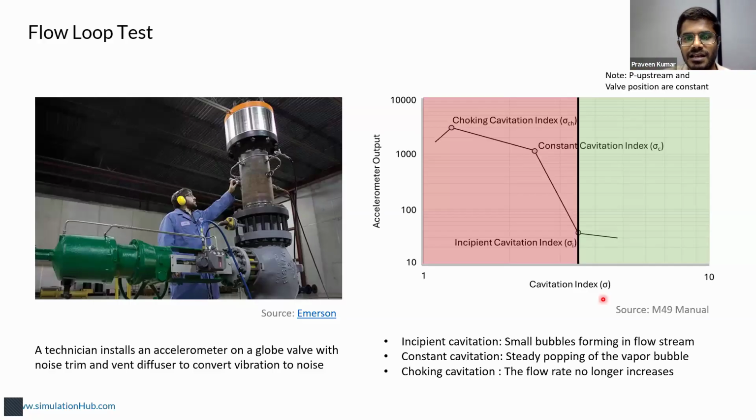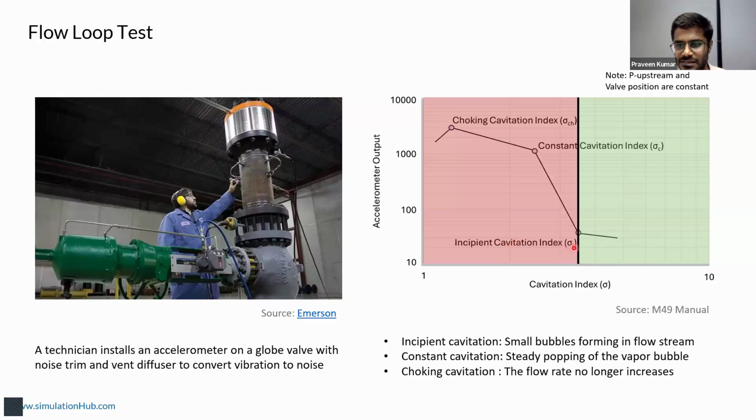How do I decide which valve design or cage design is better? Here I cannot compare sigma, because it is related to the operating condition. The incipient cavitation index is what I need to compare. The lesser the incipient cavitation index, the better the design. Why?